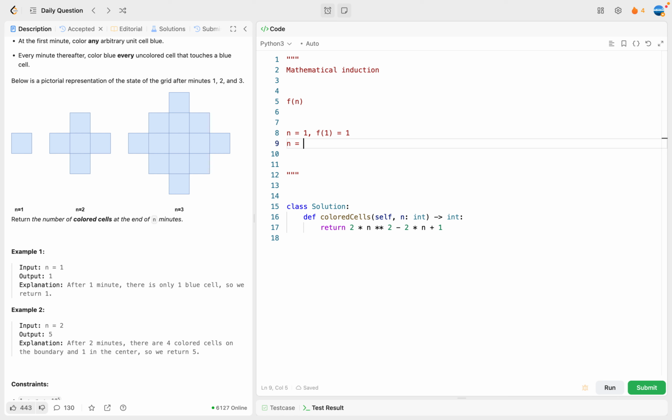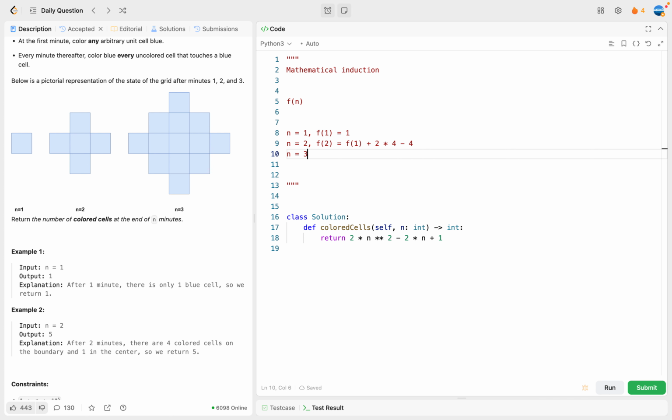When n equals 2, let's count. f2 equals f1 plus something, because here there are 4, this is the 1. If you look at this 2, and this 2, and this 2, and this 2, there are 4 2s, but you count the 4 corners twice. So basically you have 2 times 4, minus 4.